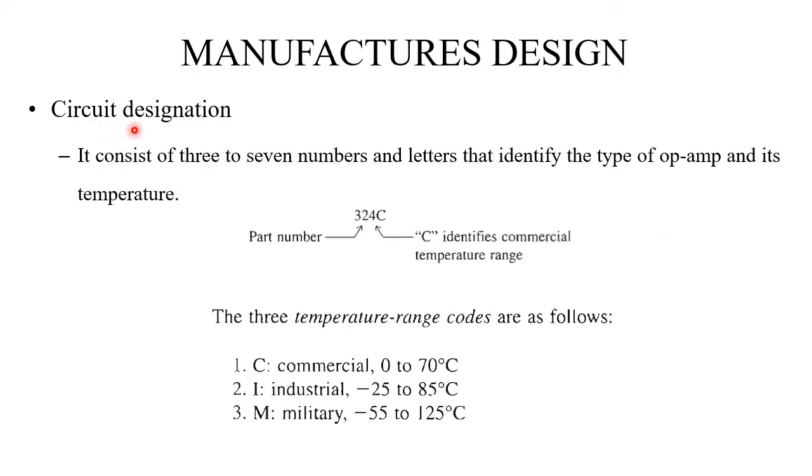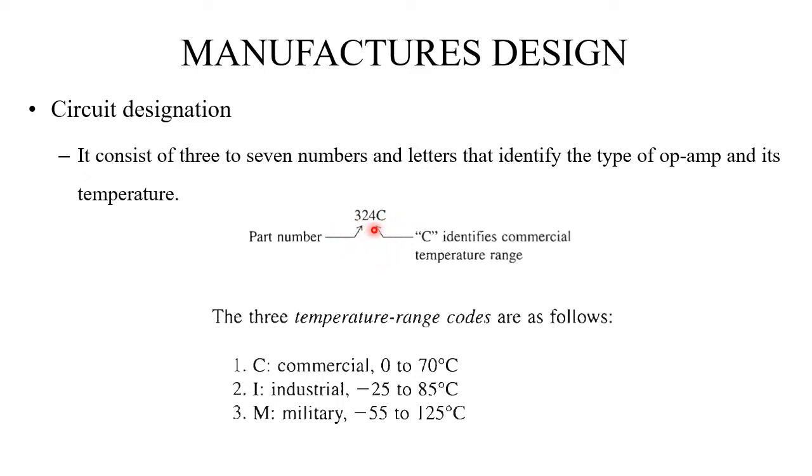The second part is the circuit designation, and it indicates the type of operational amplifier and its temperature range, and it usually consists of 3 to 7 numbers and letters. For example, here we have 324C.